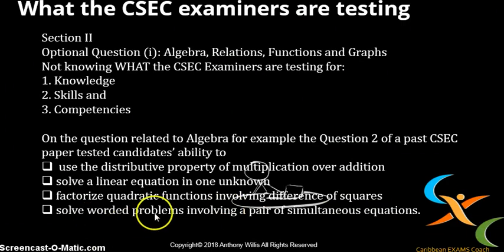Solve worded problems involving a pair of simultaneous equations, depending on how you want it pronounced. Do you know what a simultaneous equation is? If you don't, you have to open your textbook and look up the definition of a simultaneous equation, difference of squares. You have to know these terms.